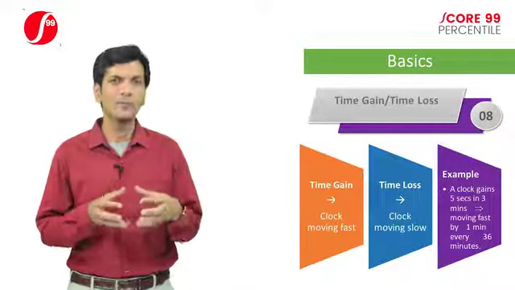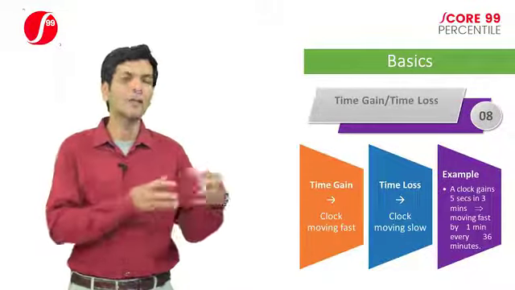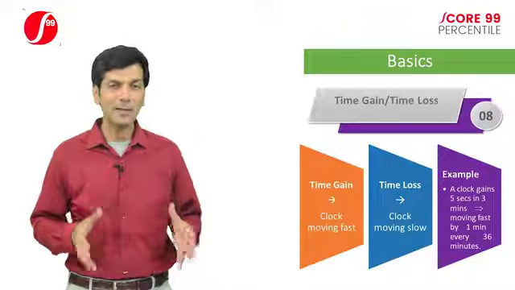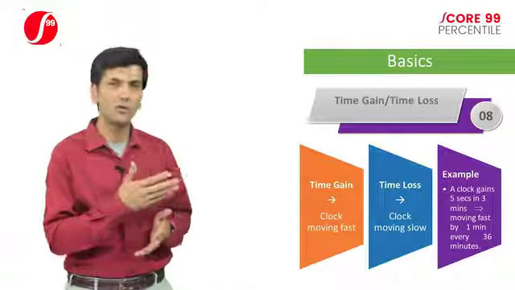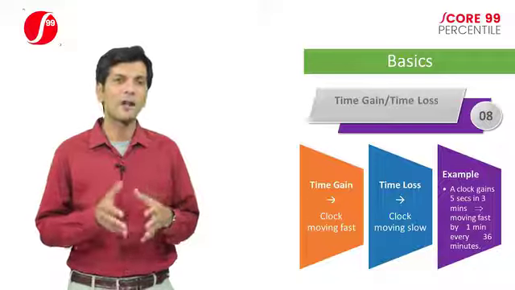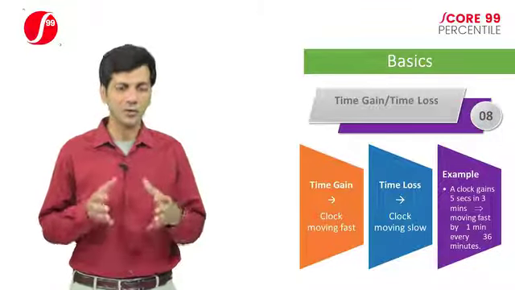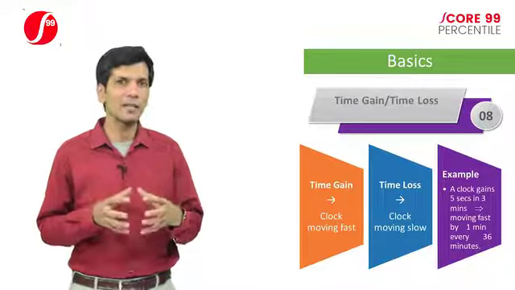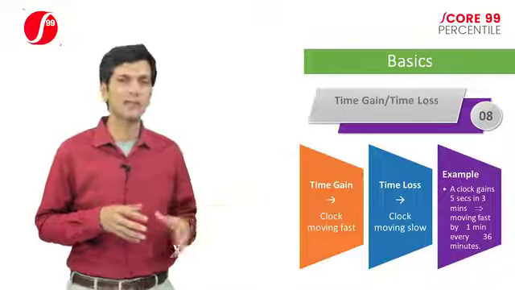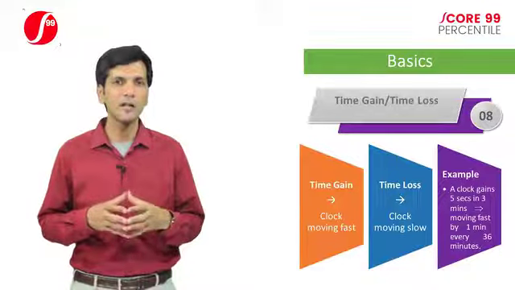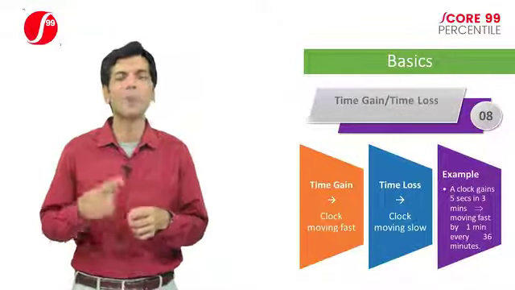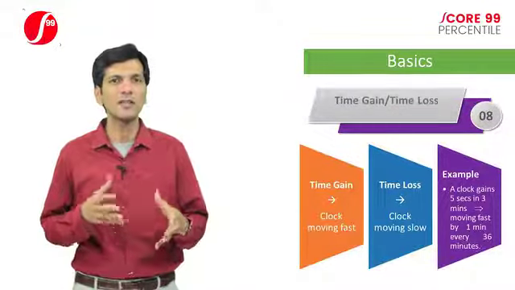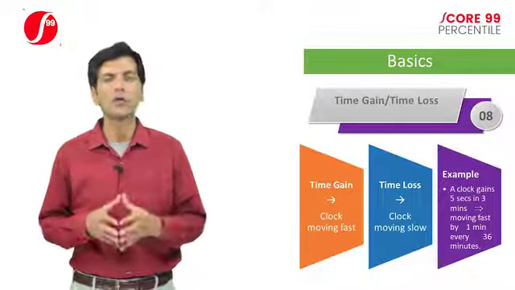It means that it is moving fast by 5 seconds every 3 minutes. Let's say you multiply both the values by 12: 5 twelves are 60 seconds, so you get 1 minute. So the clock gains 1 minute every 36 minutes, which means every 36 minutes the clock is showing to be ahead by 1 minute.